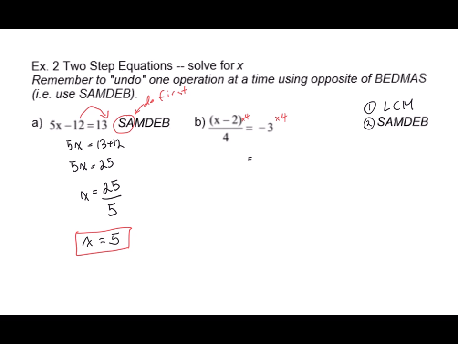And 4 over 4 is 1, so we end up with just x minus 2 left over from that left side. And now we have minus 12 on the right side. So now we're just going to use SAMDEB again. We're going to move the negative 2 over to the other side, and we end up with x is equal to negative 12 plus 2, and we end up with x is equal to negative 10 as our final answer.